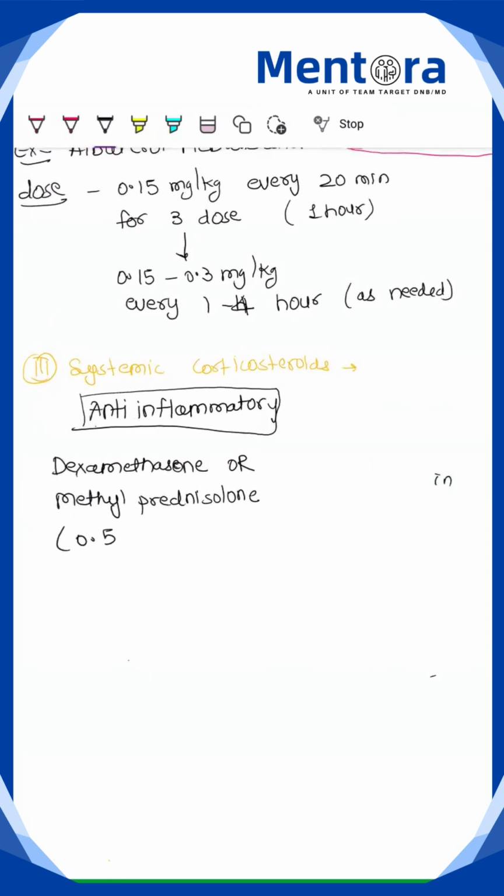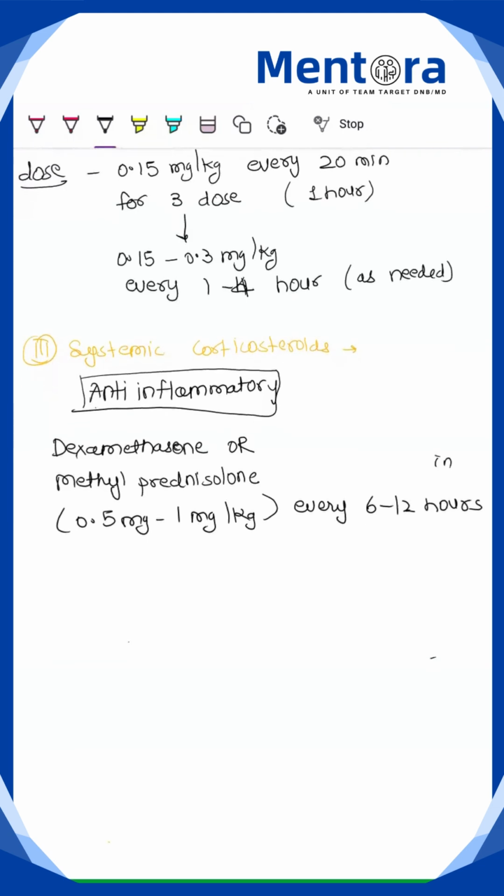In 0.5 mg to 1 mg per kg every 6 to 12 hours as needed, determined by the condition of the patient. We can give 6 hourly or we can give 12 hourly. They are in IV doses.